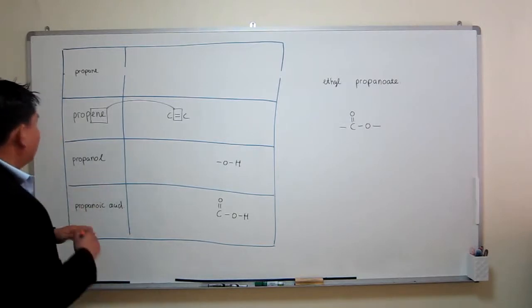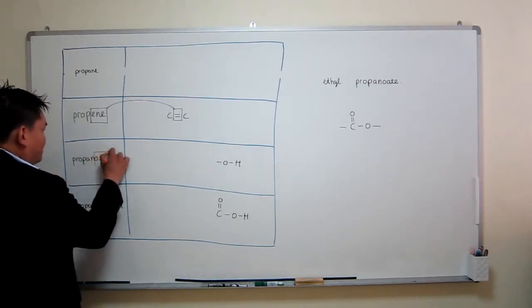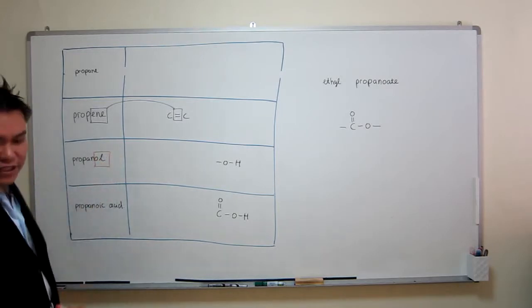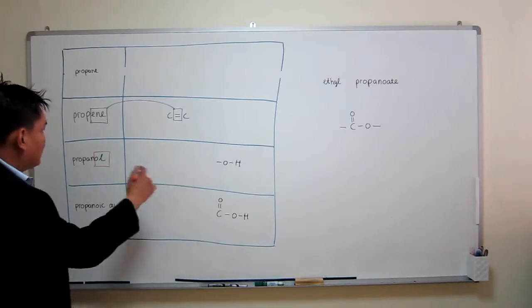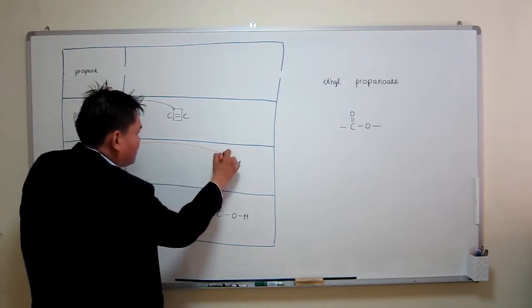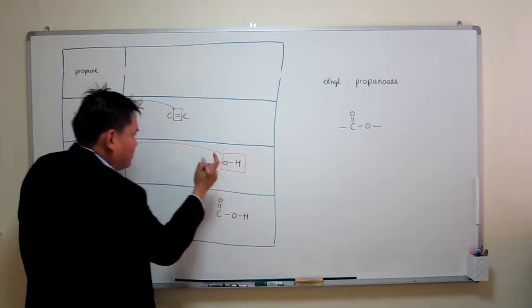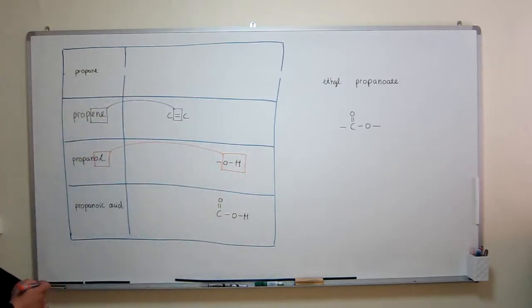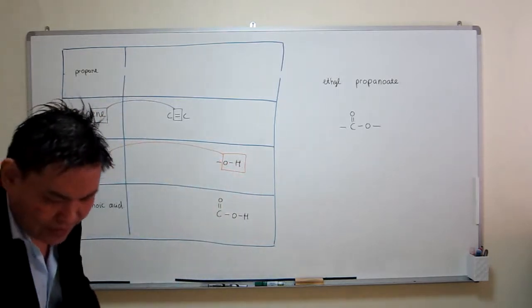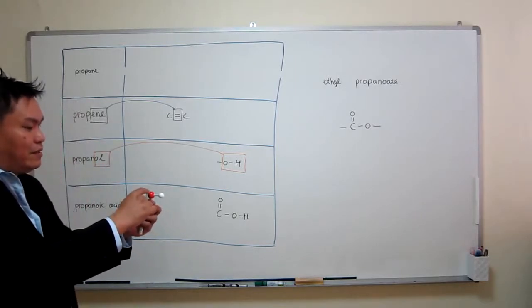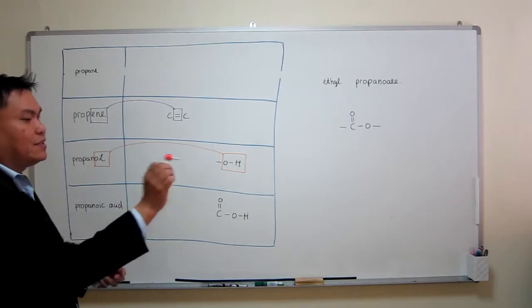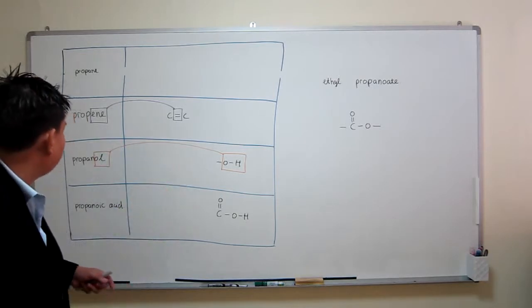It contains the suffix OL, like this. It means alcohol, which means the substance contains OH functional group. And in the models, it simply means that substance will contain O and H connected to that carbon.